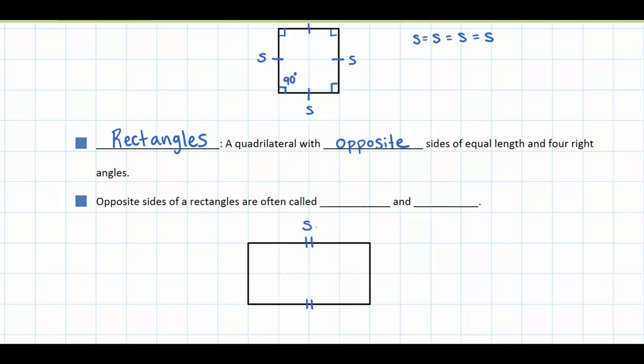Let's call this S sub B, side B. And then these sides are the same length. Let's call them S sub A, side A. Okay, so side B is equal to side B, and side A is equal to side A. Opposite sides of a rectangle are often called length and width.